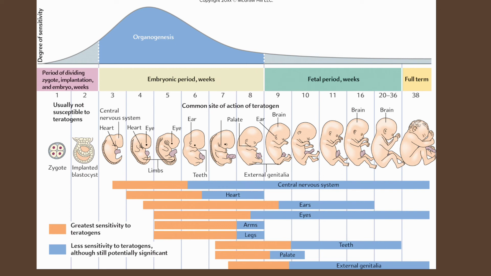These correspond to the time of development of things like the central nervous system, the eyes, ears, palate, or brain. Notice that the critical period for the CNS is 3 weeks to 6 weeks, and for the palate, it is 7 weeks to 9 weeks. But there are less sensitive times when the development can still be impacted.